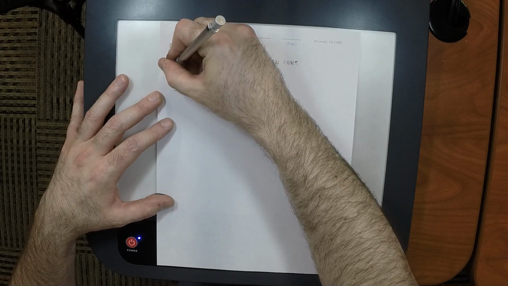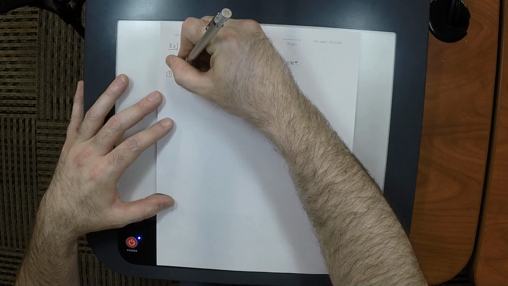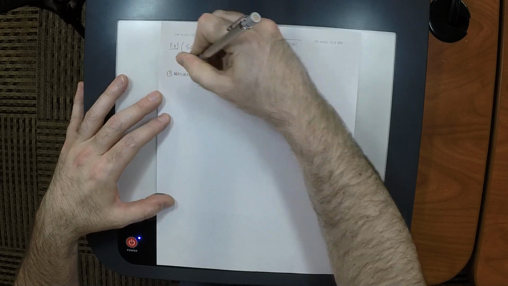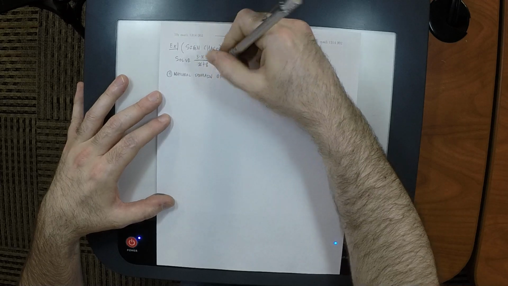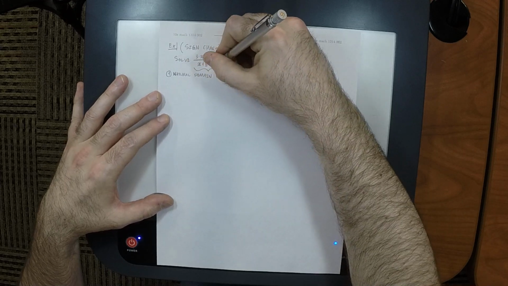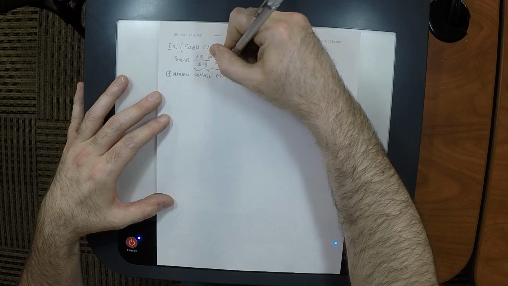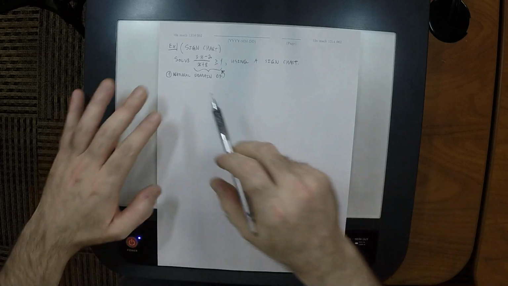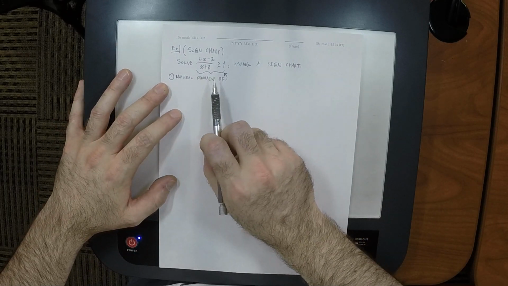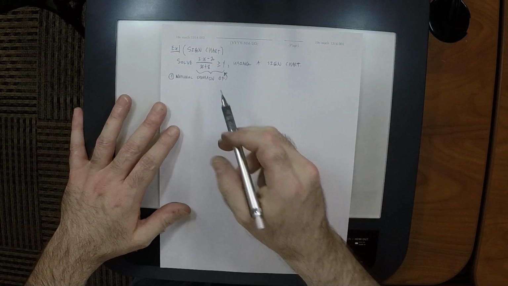All right, so first step is you need to find the natural domain of this inequality. That is to say, we need to find everywhere that this inequality is defined. Not everywhere that it's true, just everywhere it has any value at all, false or true.